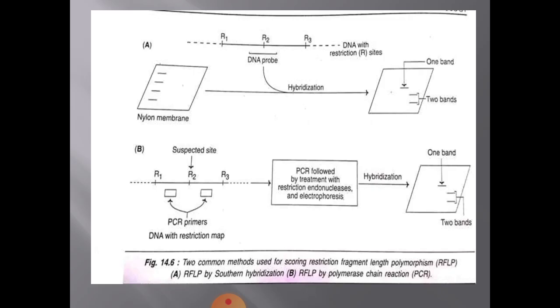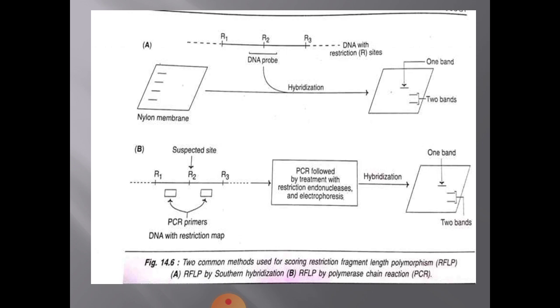Then the cut DNA fragments have been transferred to nylon membrane, and that suspected R2 site DNA probe is added, and it will hybridize with the bands here. So if restriction site is present, you will get two bands as you see here below. If the restriction site is absent, you will get only one band. This is how you will analyze the RFLP through the southern hybridization technique, okay.